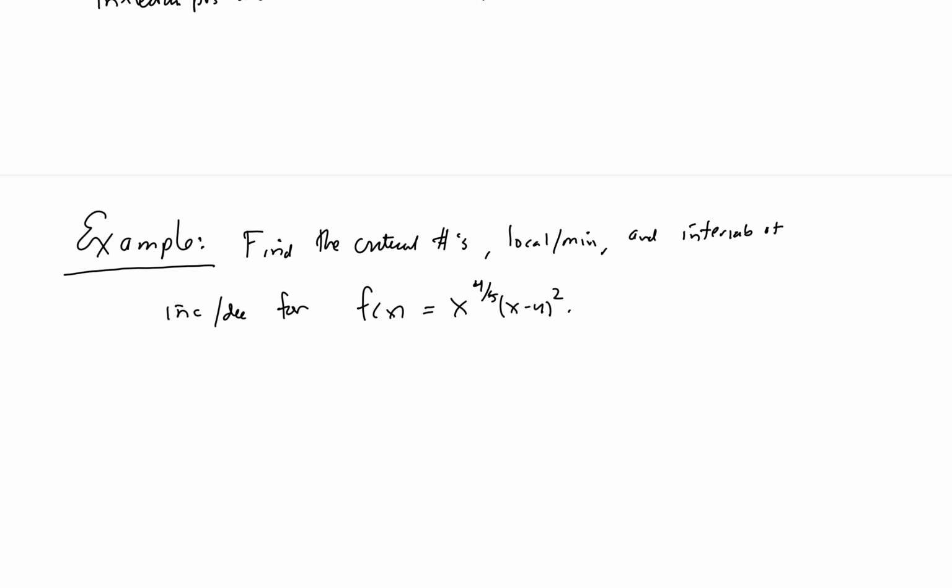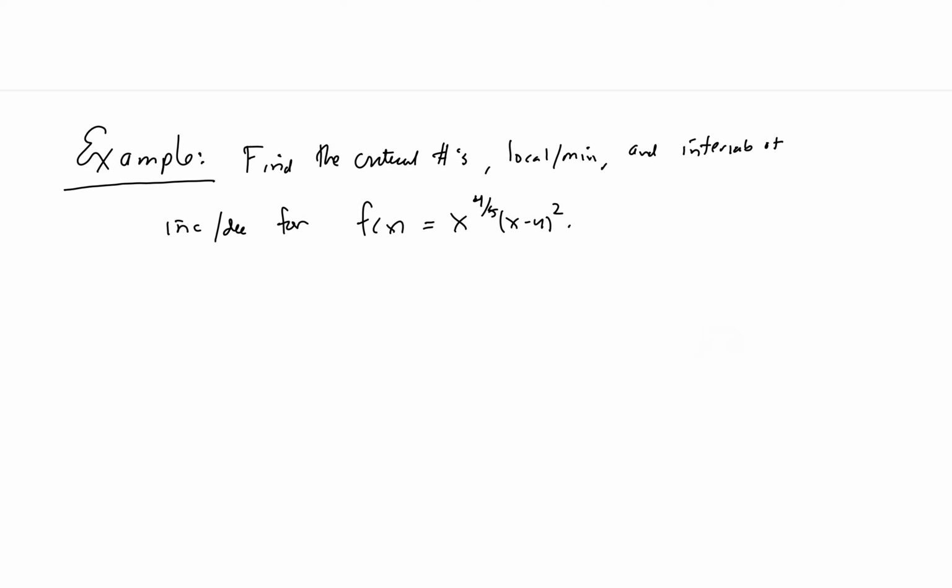Okay, so we start here just like before by taking the derivative. So we're going to use the product rule for this. The derivative of the first term is 4/5 x to the minus 1/5 times (x minus 4) squared, plus x to the 4/5 times 2 times (x minus 4).